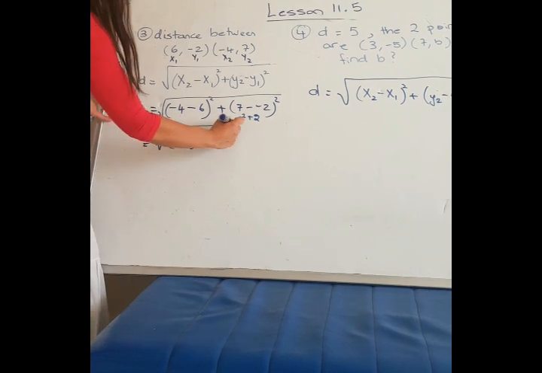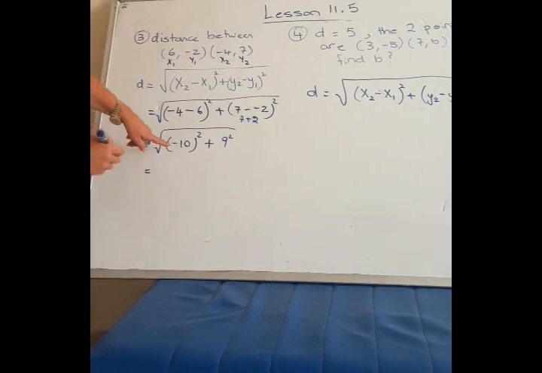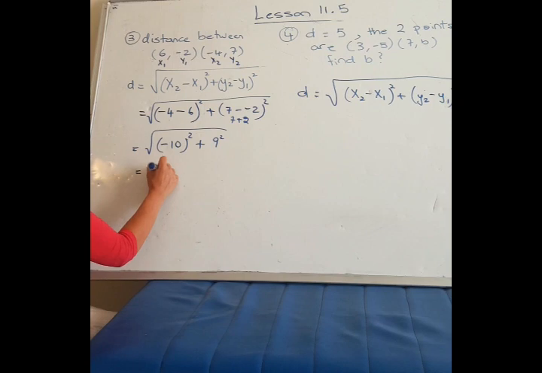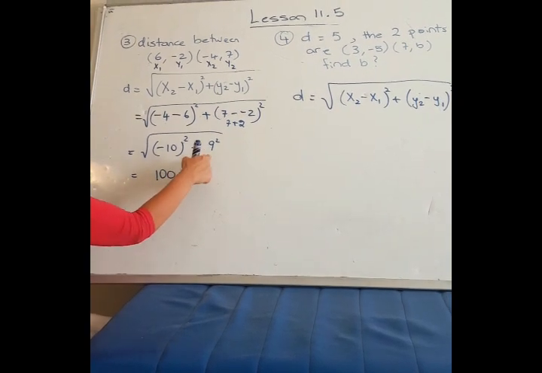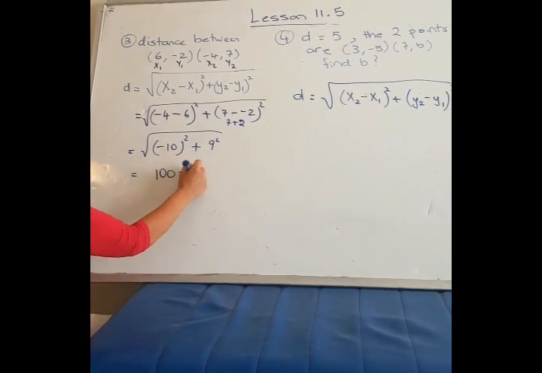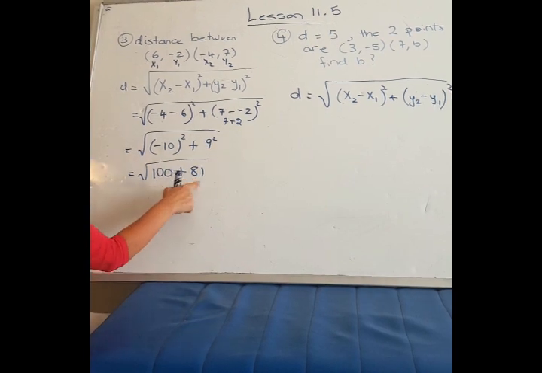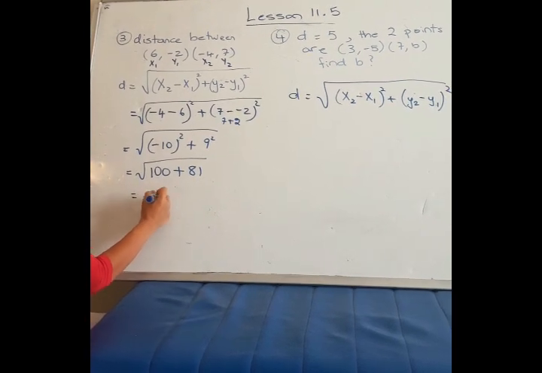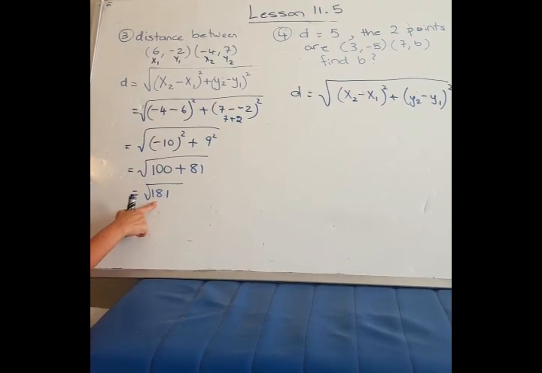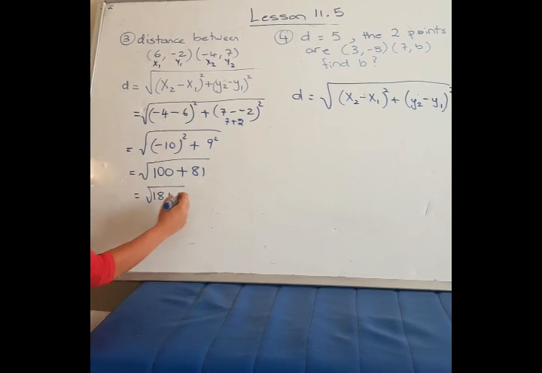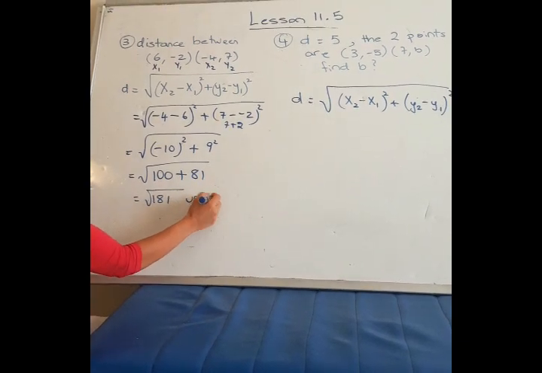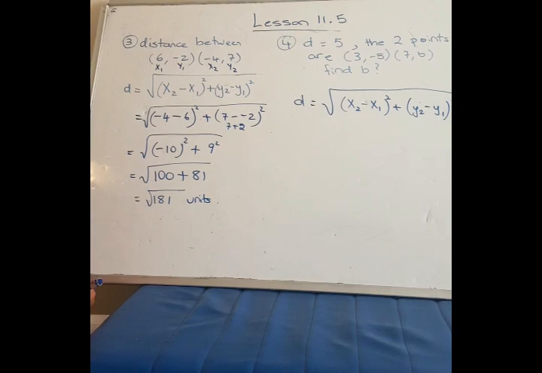All of this, the radical of it: -10 to the second power is 100, plus 9 to the second power, 9 times 9 is 81. 100 plus 81 is 181. And 181, can you simplify it? No, you can't. So it's radical 181 units.